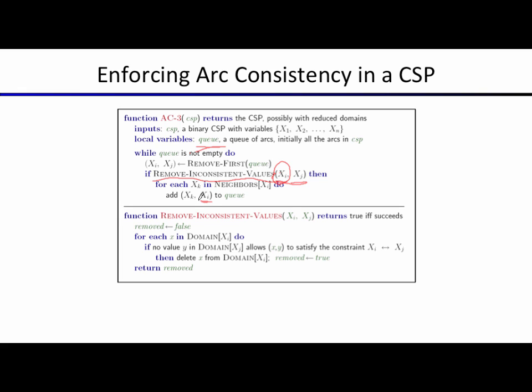N squared, very good. So I have n squared possible arcs. Now to check an arc and make it consistent, what's the worst case runtime of that? If I give you an arc and I say, check that it's consistent or make it consistent, and the number of values that each variable can take is d, what's going to be the worst case runtime of making an arc consistent as a function of d?